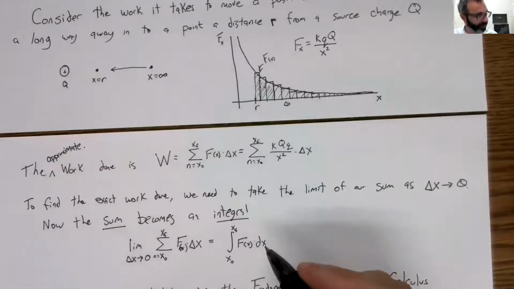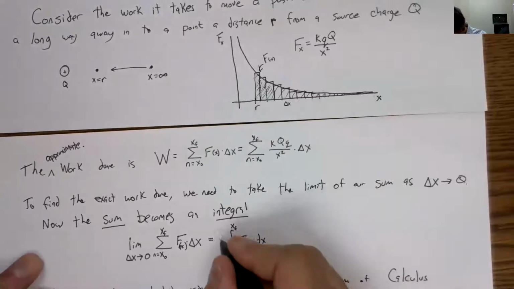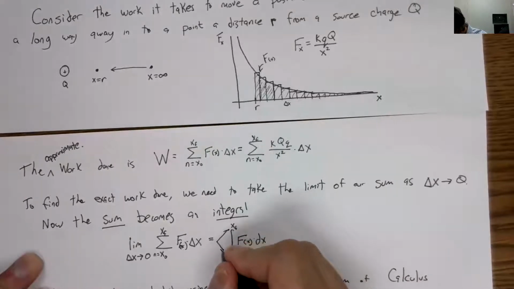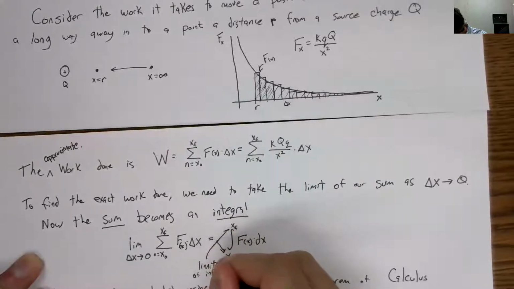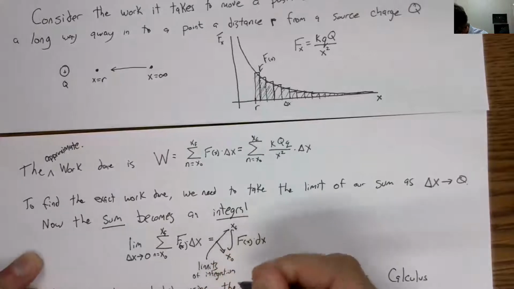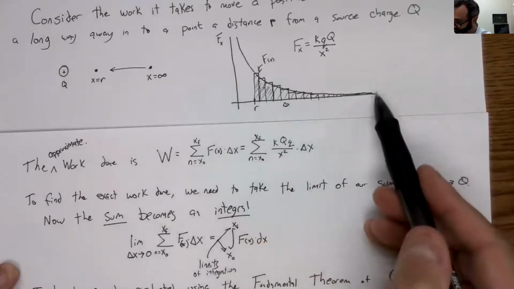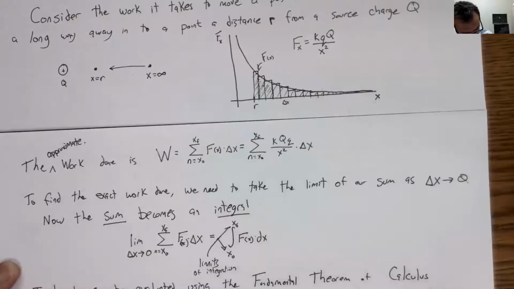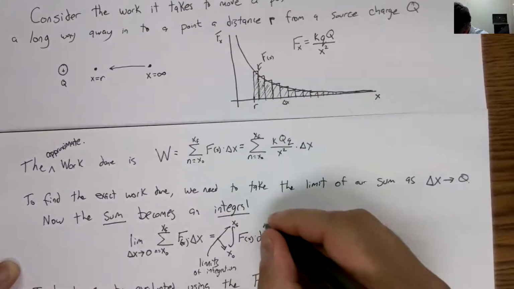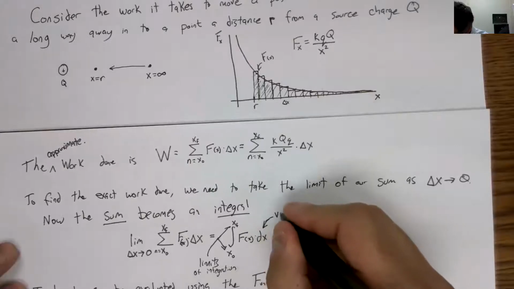If you haven't seen integrals before, these two are called the limits of integration, basically where we start and where we end. And this dx is what the delta x turned into. That's the variable of integration.